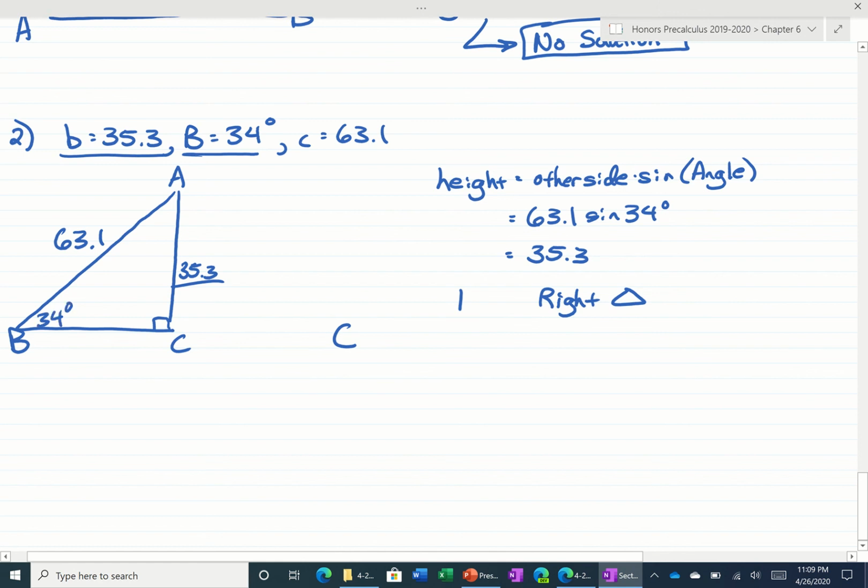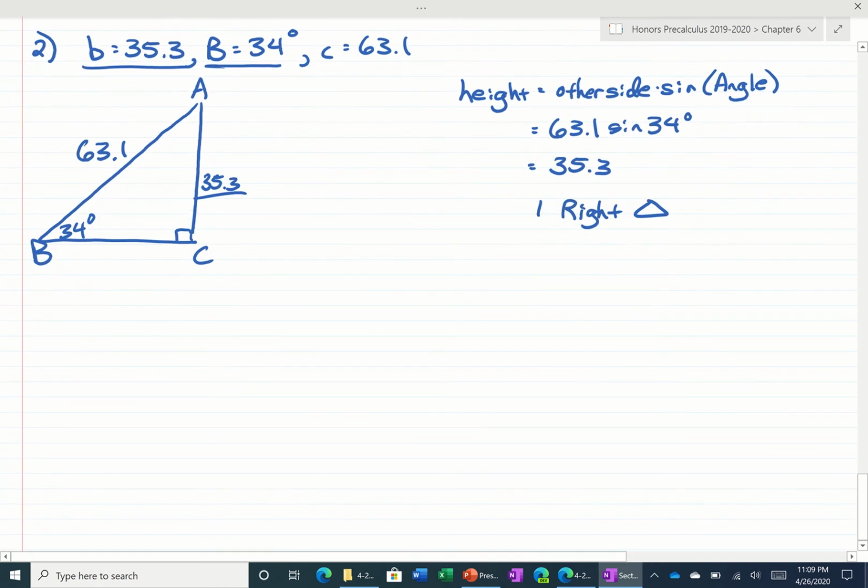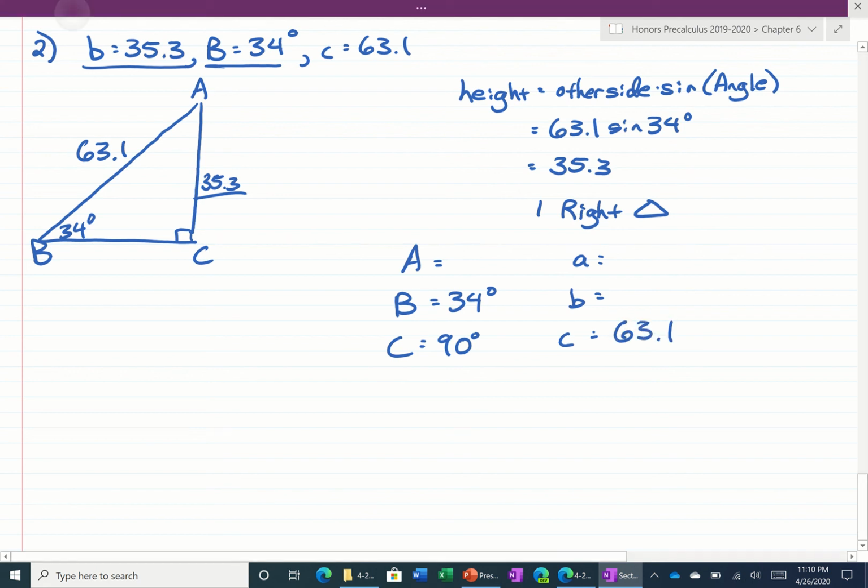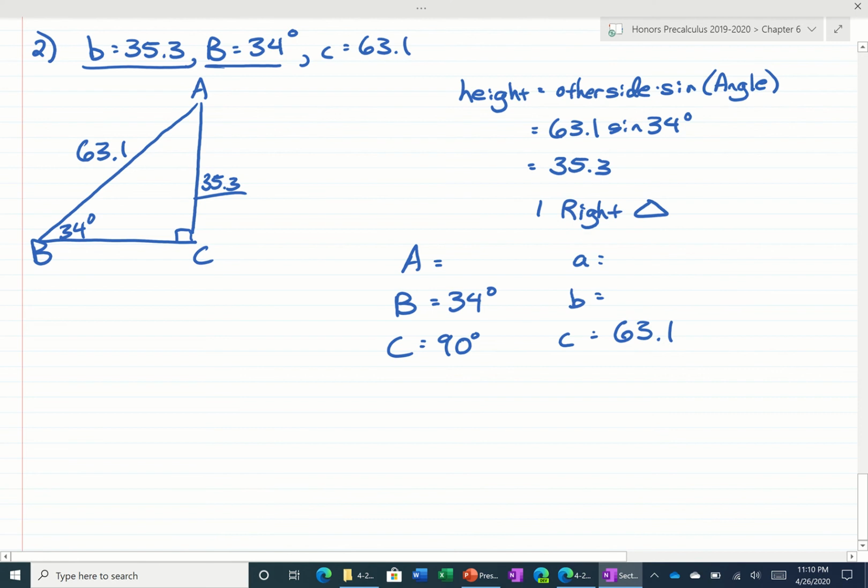If we have a right triangle, we could use some of our old tricks to do this. I'll just do this quickly here. So A, B, C. C would have to be 90 degrees because we established that based off of our flow chart. Angle B is 34 degrees. C is 63.1. So using the Pythagorean theorem, we have 180 minus 34 and 90.